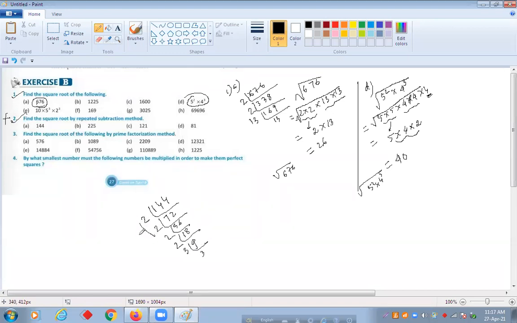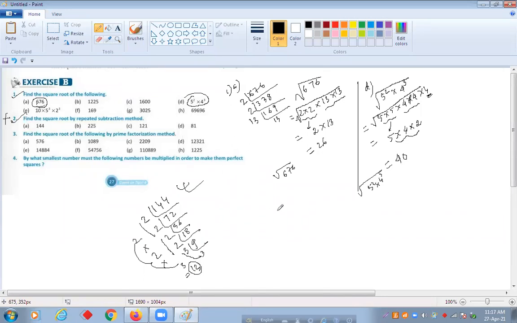So from this pair we will choose 2, from another pair of 2 we will choose 2, and from the pair of 3 we will choose 3. So what will be our square root? 2 into 2 is 4, 4 into 3 is 12. This will be our answer. So you will find the square root only in this way. Repeated subtraction is not required.